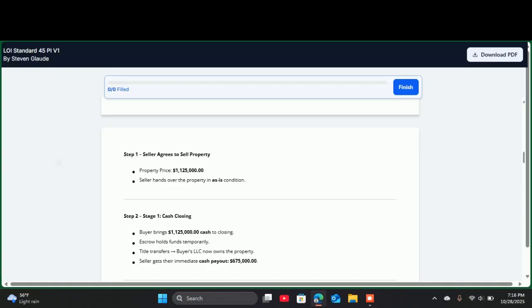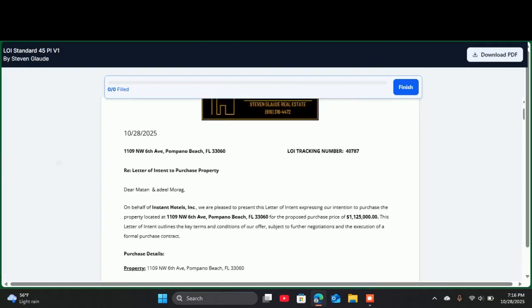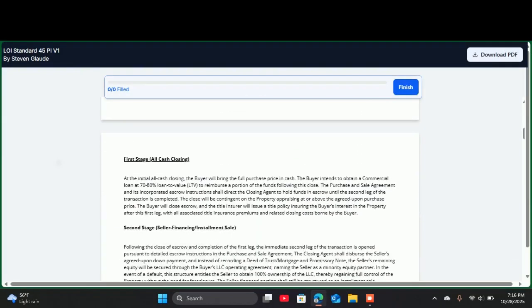The letter of intent shows interest in whatever you're trying to purchase, and then from the letter of intent, it's going to go to the purchase agreement. So this is everything that's going to be in the purchase agreement.